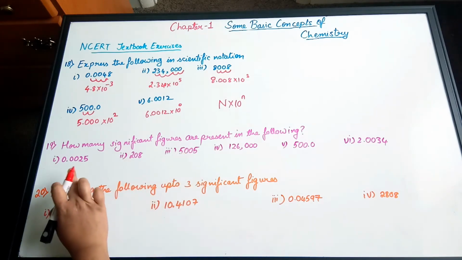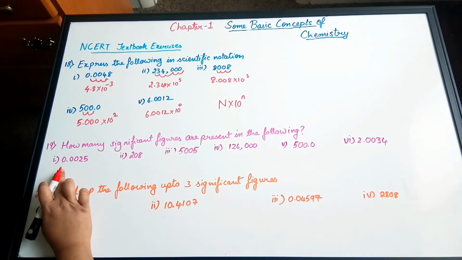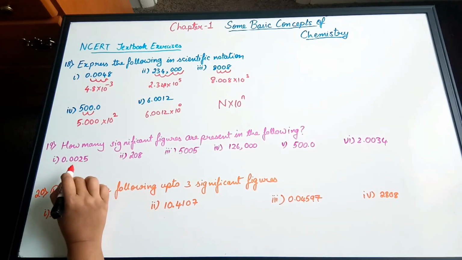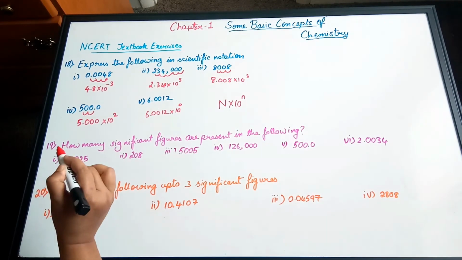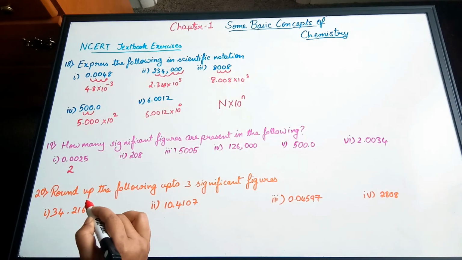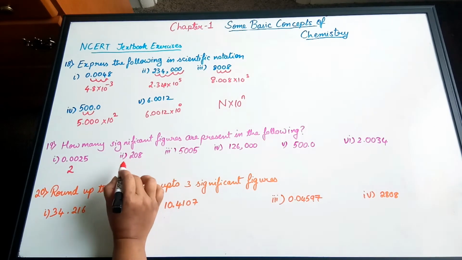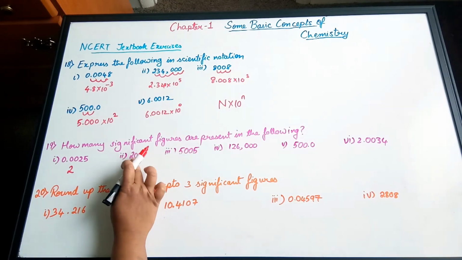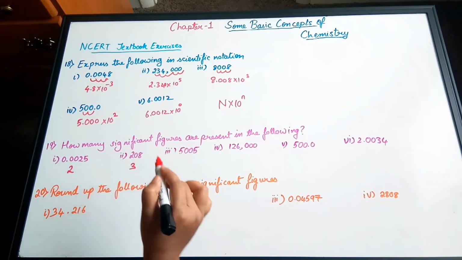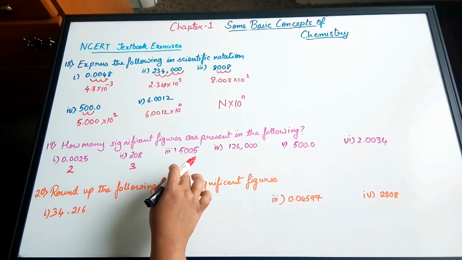Here you have zeros before the first non-zero digit. So these 3 zeros are not significant, and you have only 2 significant figures in this number. Next one, the 0 between 2 non-zero digits is significant. So 1, 2 and 3. Same goes for this as well. 5005.